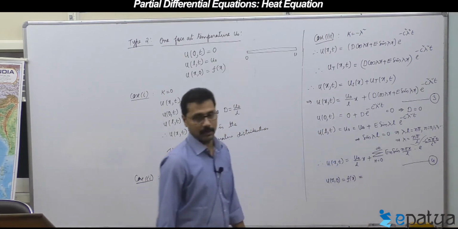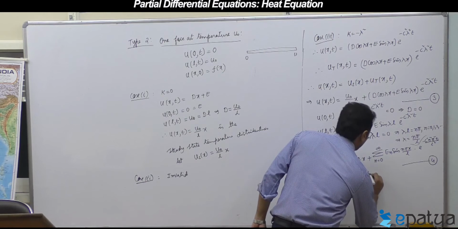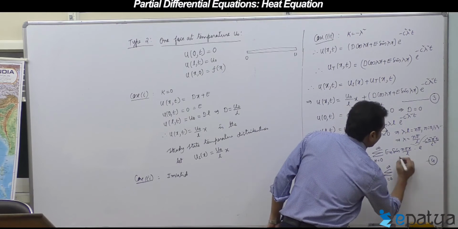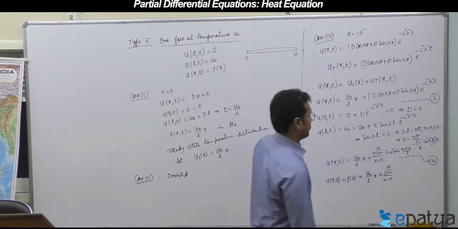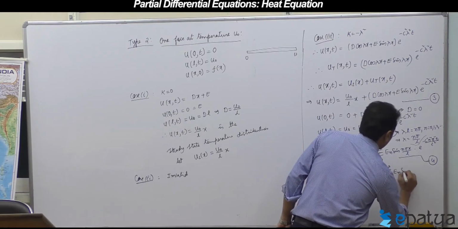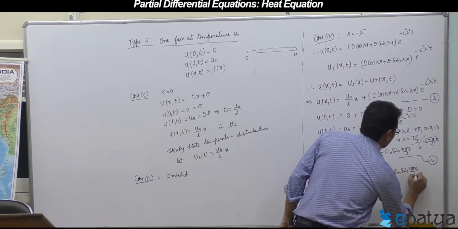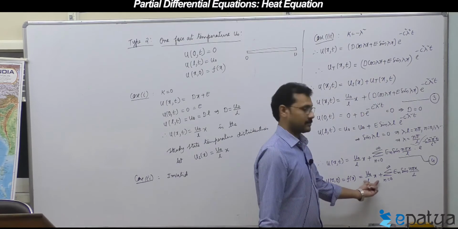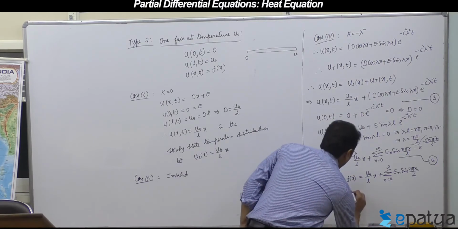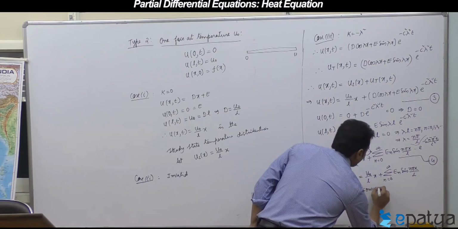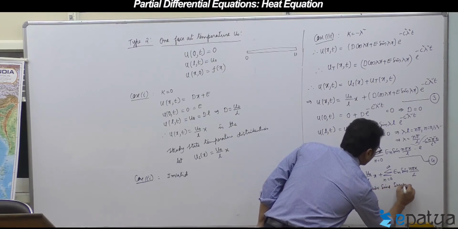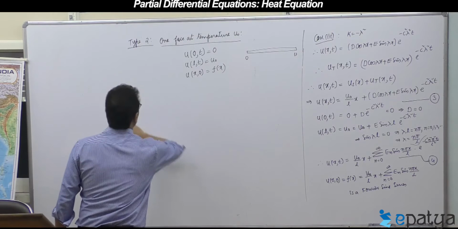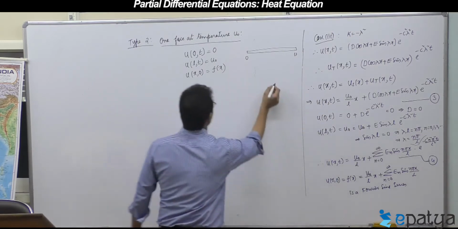This is the time t equal to 0 case, which equals u naught by L into x plus sigma, n running from 0 to infinity, en sin n pi x by L. F of x is also some function of x only, and this is a Fourier sine series.